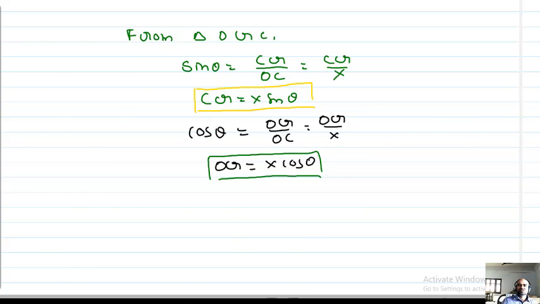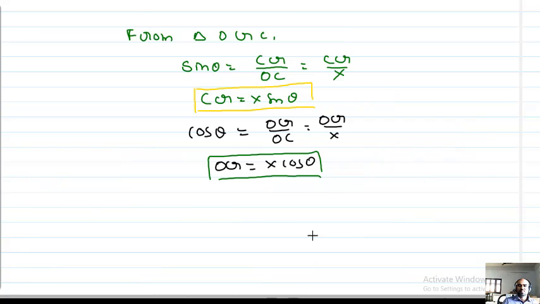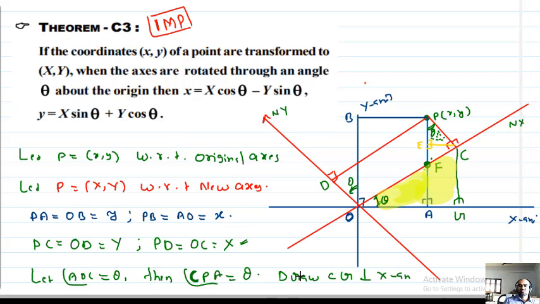Take next this triangle, this one. What is it? Triangle PEC. From triangle PEC, find sin theta and cos theta. Sin theta equals CE by PC.